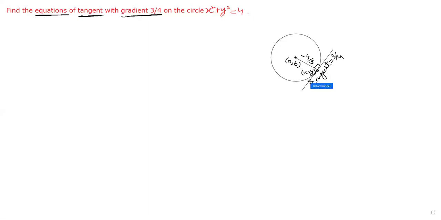First of all, the equation of the circle which is given to me is x squared plus y squared equals to 4.